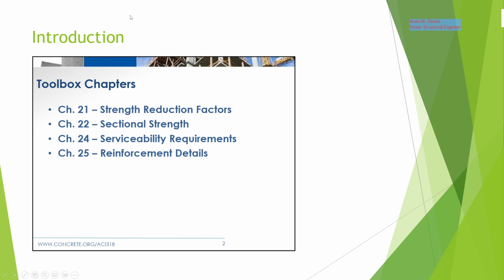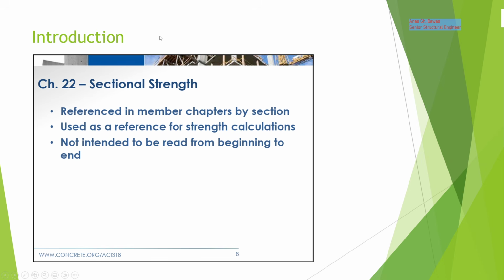The code will send you from a specific chapter to the toolbox chapters to get some information, and again you have to go back to that chapter. The name of Chapter 22 is sectional strength, referenced in member chapters by section.